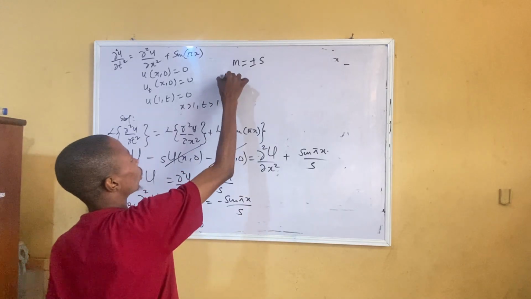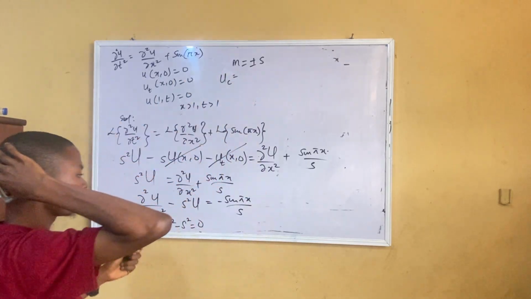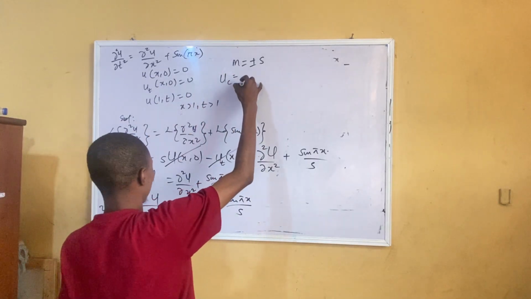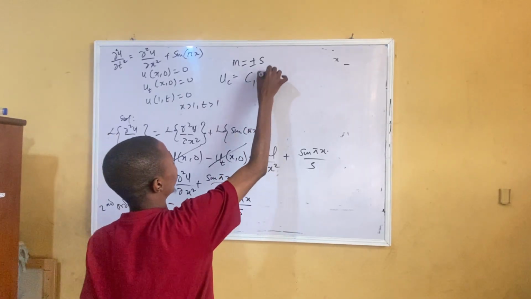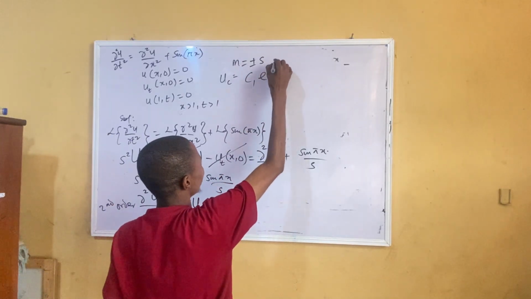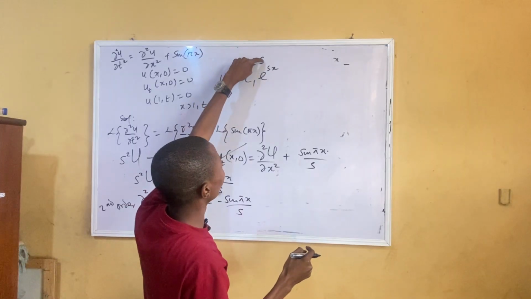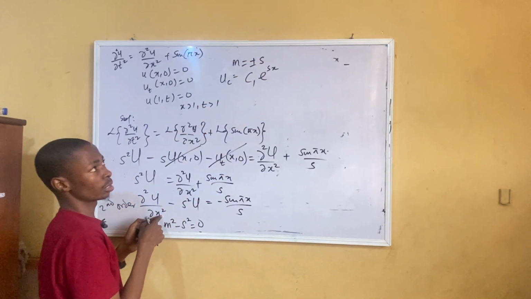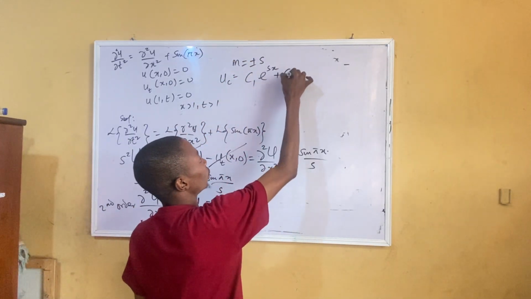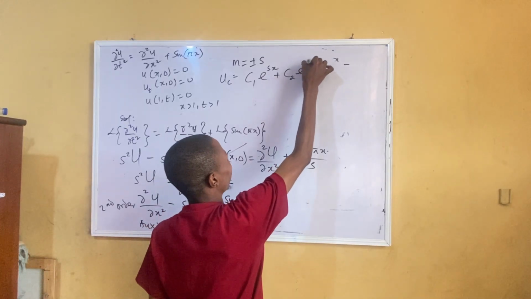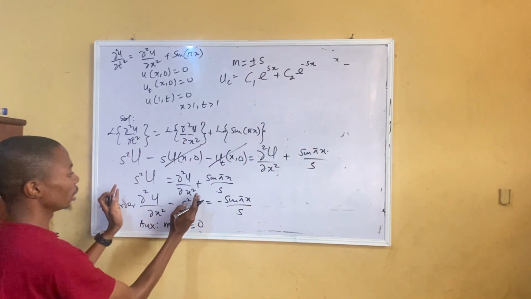Then you write the complementary solution. It will be c1 exponential of sx, because we are solving with respect to space x, plus c2 exponential of minus sx. This is the complementary part.